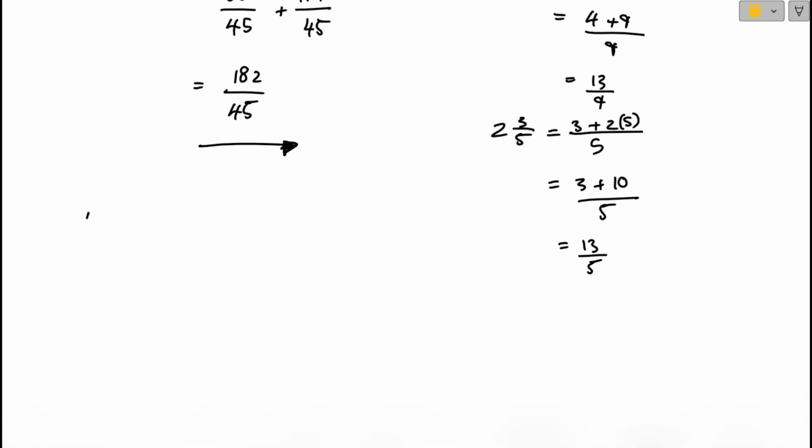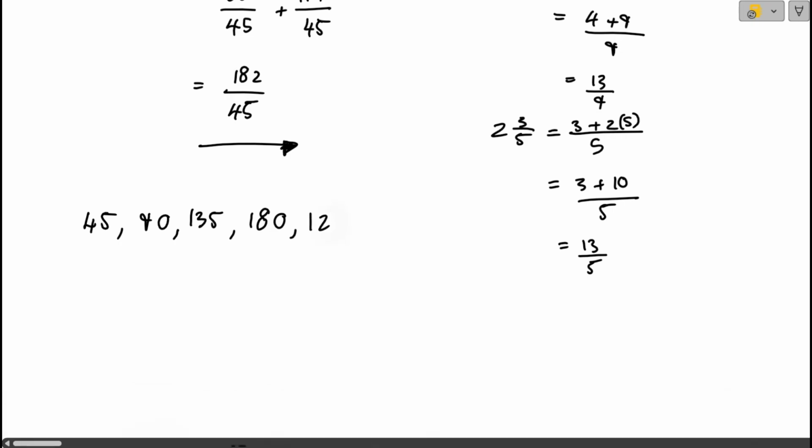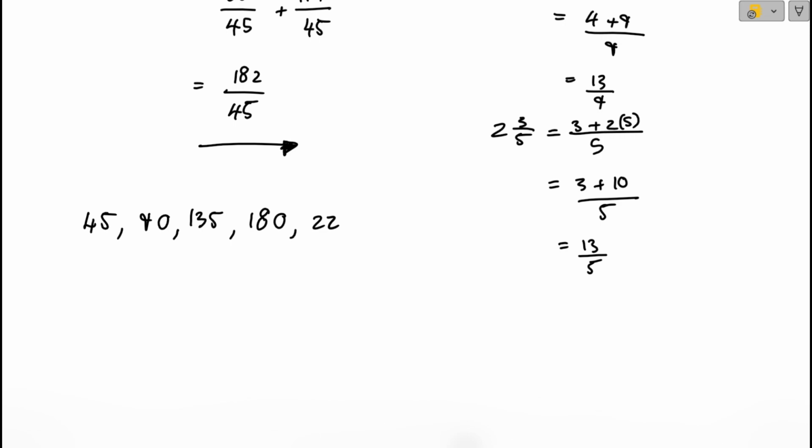So we have 45, we have 90, we have 135. Okay, we go one more, and we have 180. We can see if we go higher than this, it will give us 225. You can see that if we do go higher than 180, we'll get more than what the numerator is. So we are only going to stop here.